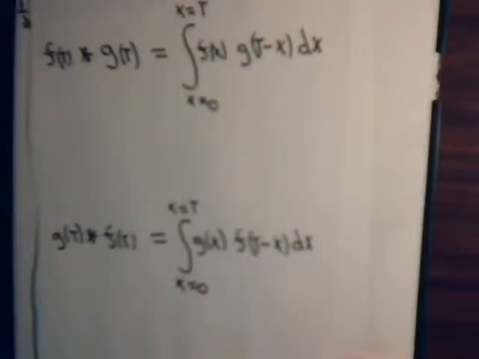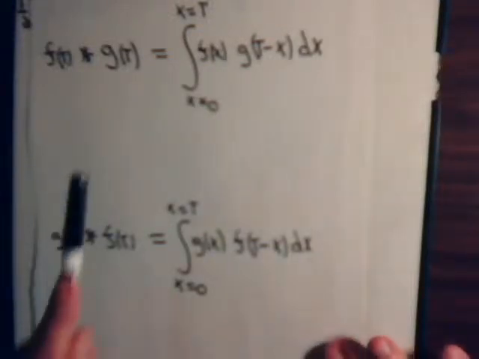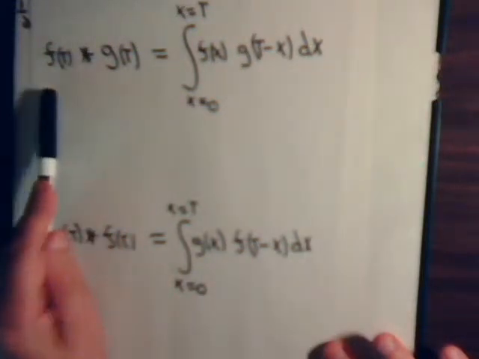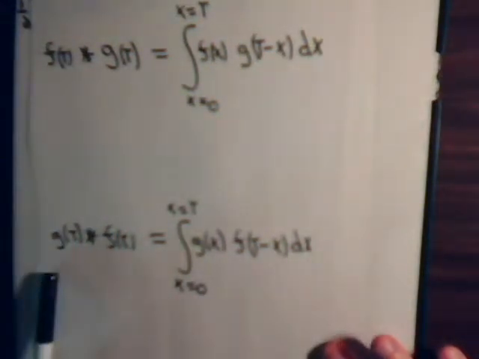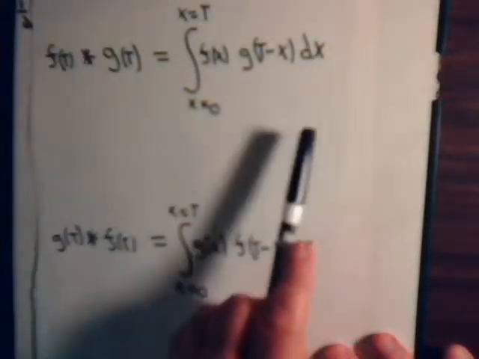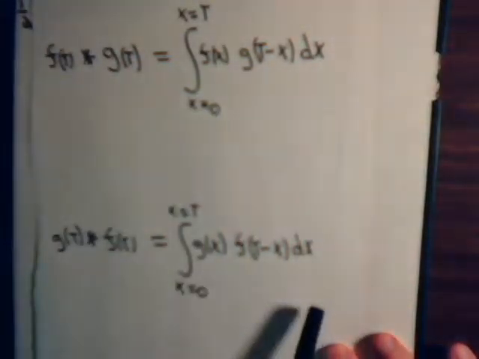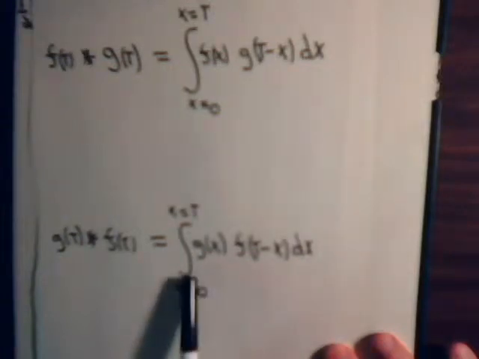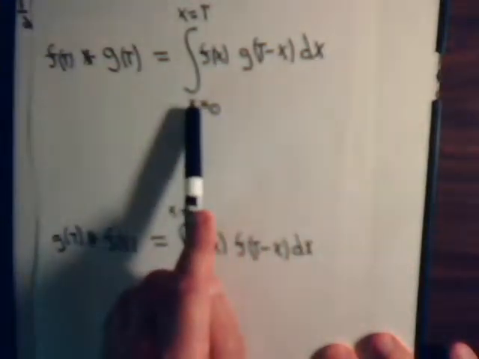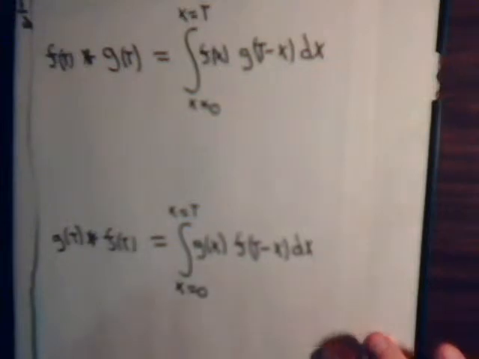In part 1, we were demonstrating the concept of convolution with a specific example, and we wanted to demonstrate that this does equal this, even though we're writing them down as two different integral expressions. In fact, these two integrals are equal to each other.